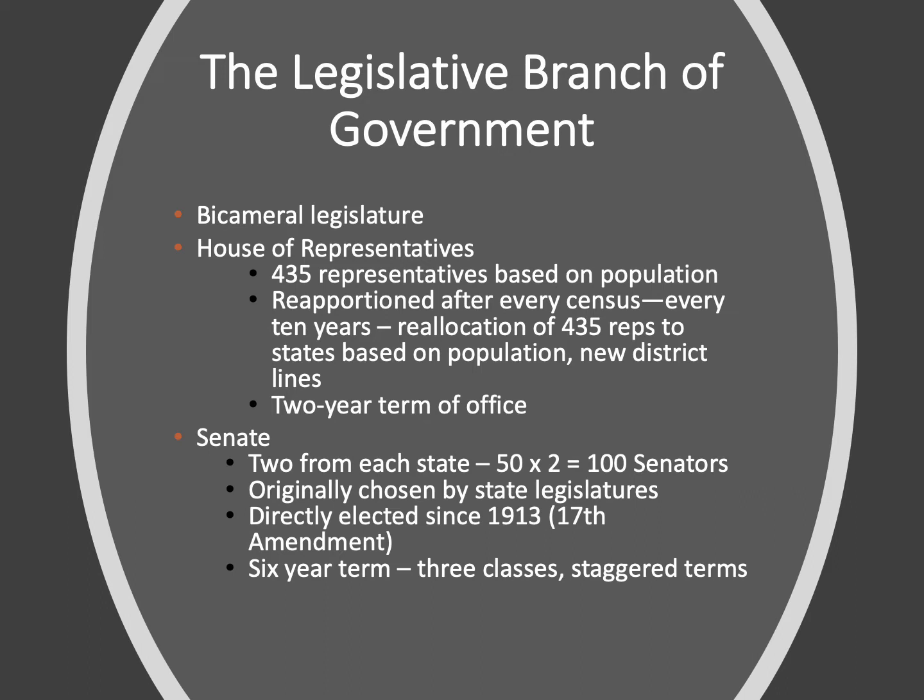So that's an amendment to the U.S. Constitution. The senators serve 6-year terms, and they are in 3 different classes, so that 1/3 of them run every 2 years. So every 2 years, all 435 members of the House and 1/3 of the senators are on the ballot for re-election.